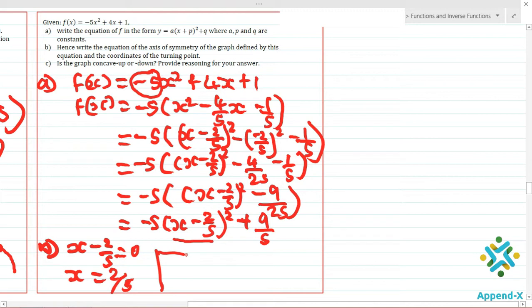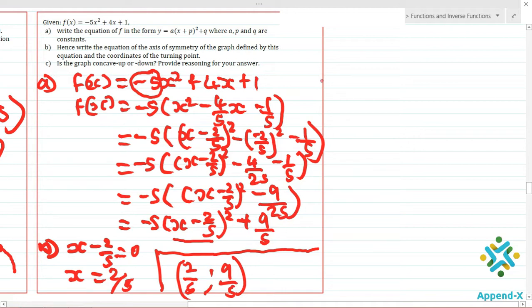Okay, now the turning point of the graph is given by 2 over 5 and 9 over 5. Okay, where 2 over 5 is the value of the equation of the axis of symmetry and 9 over 5 is q.